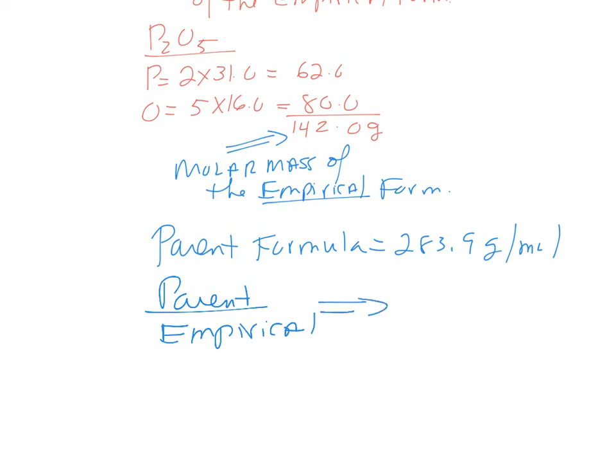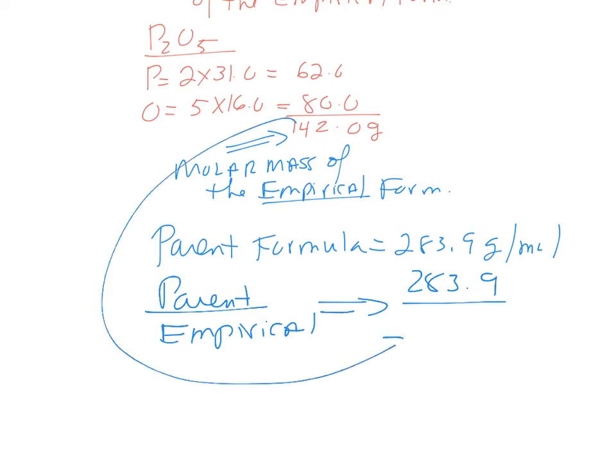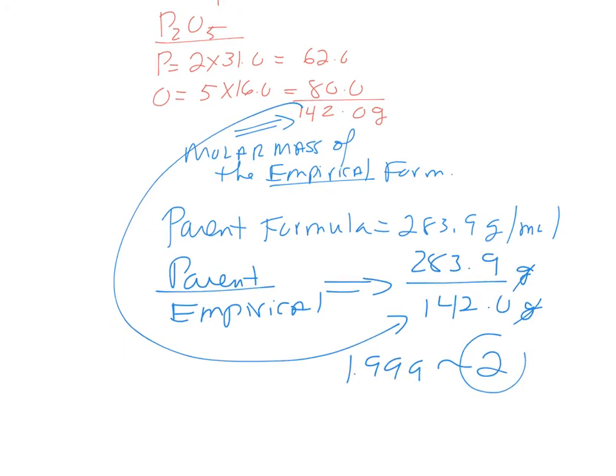The parent weighs 283.9 and the empirical weighs 142.0. When we divide these two numbers, 283.9 divided by 142, we get a ratio of 1.99999, which is a ratio of 2.